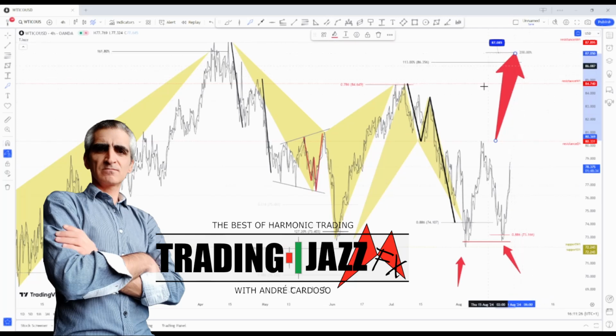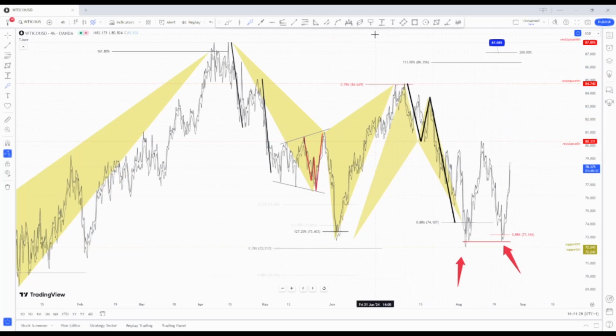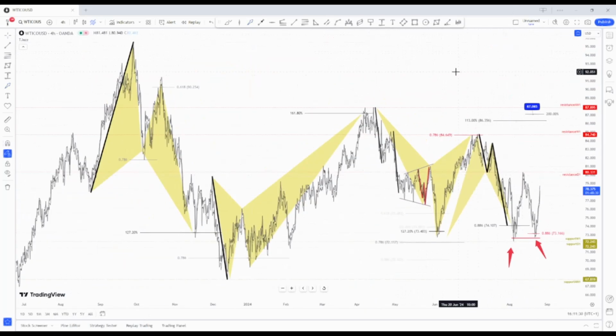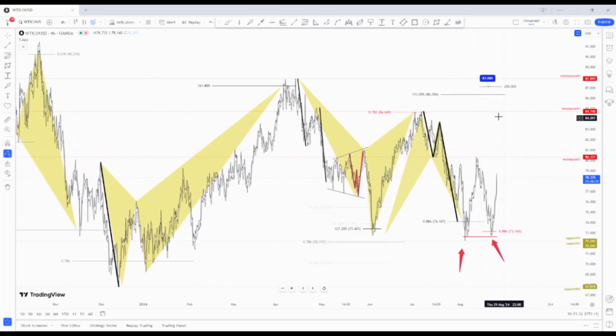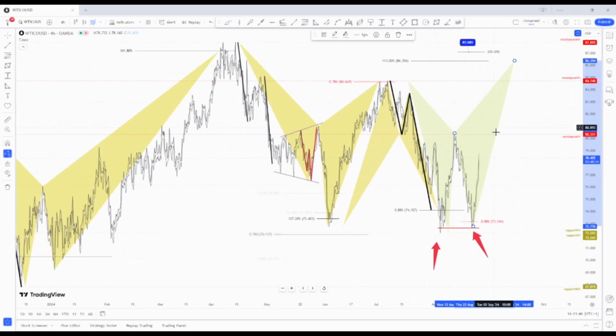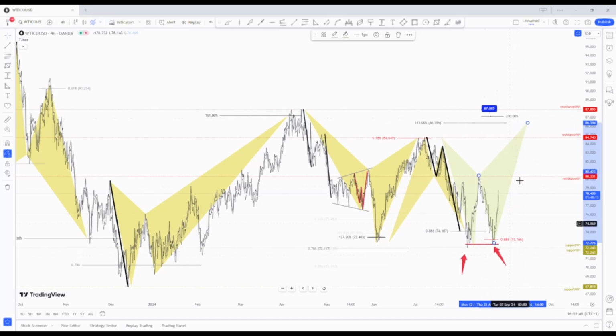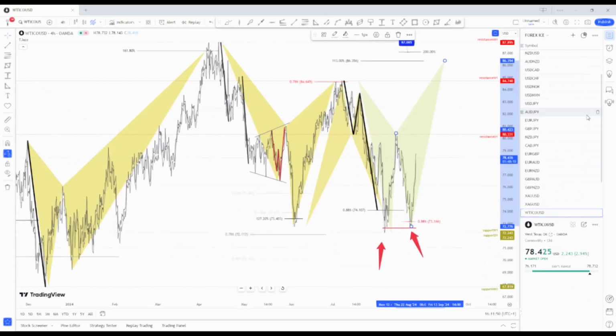So that's the default projection for the double bottom on crude. And of course, if that happens, we will talk about that possibility later. If the price approaches these highs, we also have patterns projected at 86.35, immediately below the default projection for that double bottom.